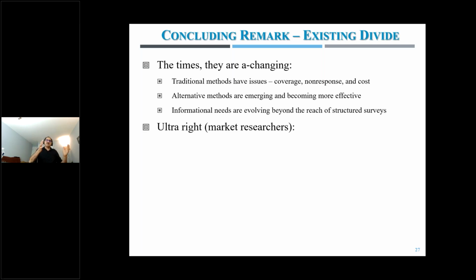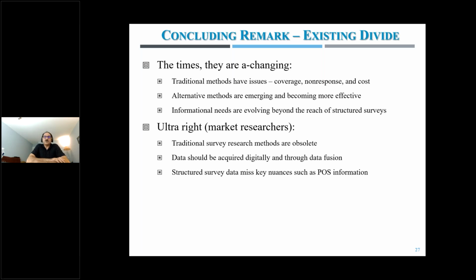I make a distinction between market researchers who are on the commercial side and the survey researchers. Those on the ultra right of market research tend to subscribe to the point of view that traditional surveys have already become obsolete.